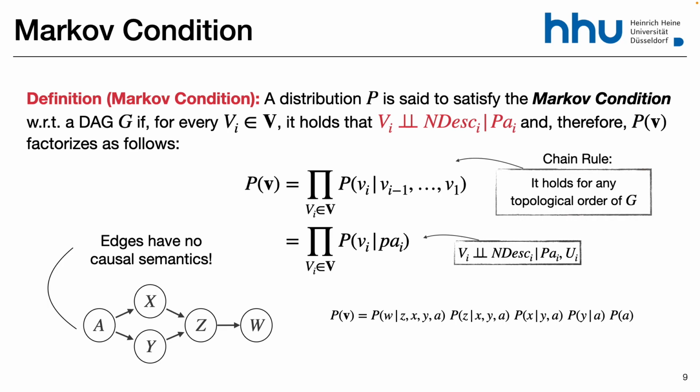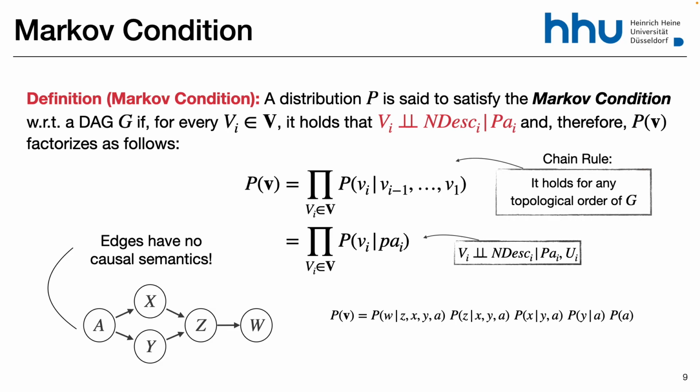I chose this particular order because I wanted to follow this graph. This would work for any graph, but if I want to follow this graph, I have to follow the order that's induced by this graph, and then I can use this property, also following the graph. In this case, W is going to be independent of everything else just given Z, because Z is the only parent. So I can simplify this.